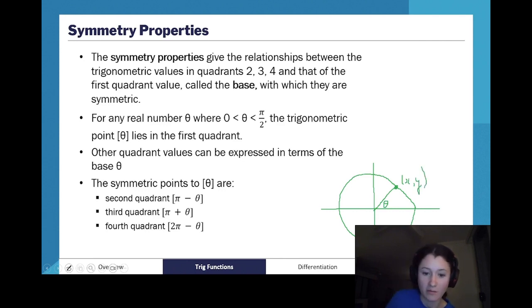If we have an angle over here where the two lines are kind of reflected in the y-axis. Can you see how they both look the same?